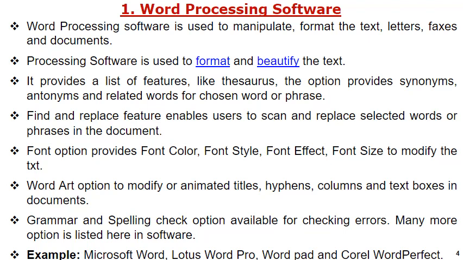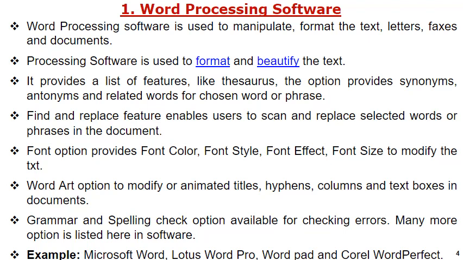The font option provides font colors. You can see that blue color is mentioned here. Font style: you can change the font style to bold or italic. Font effect: you can use underline. Font size: you can increase or decrease the size to modify the text, to attract the user. Word art is basically used for title making or some kind of animation.